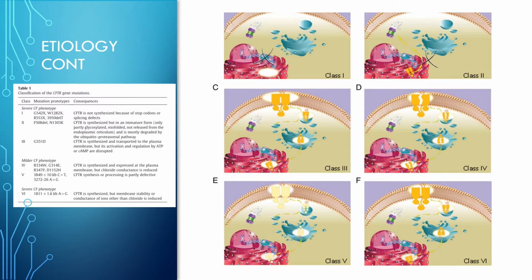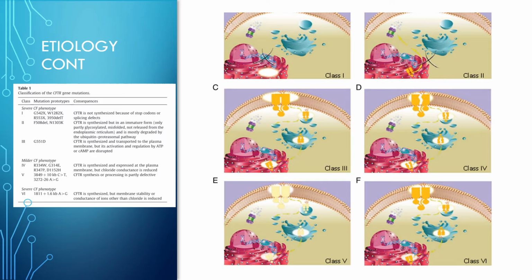Here we can see a better description of the 6 different classes that were mentioned in the previous slide. Here in Class 1, on the left-hand side, all the way at the top, we can see that the protein was not synthesized, therefore it will not be found on the plasma membrane.